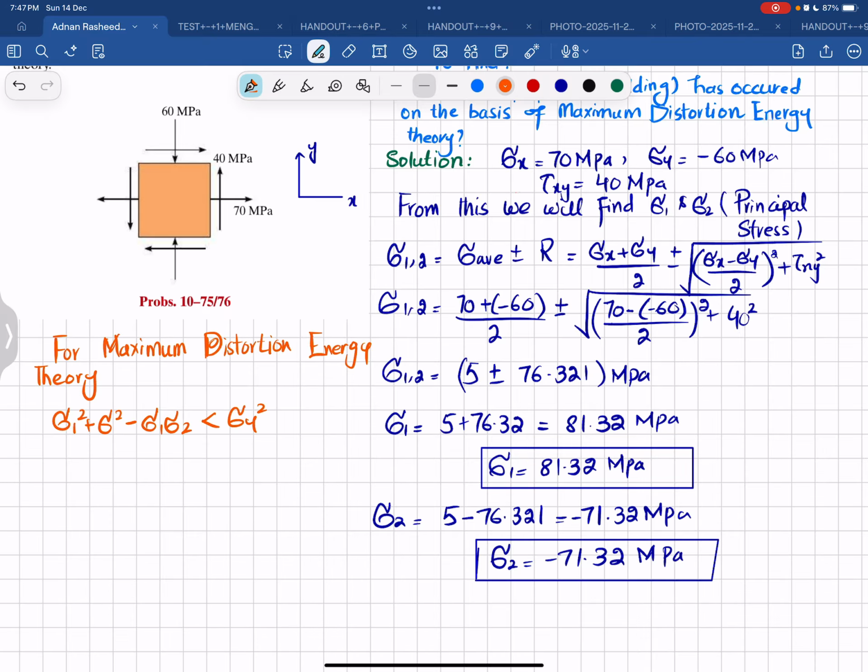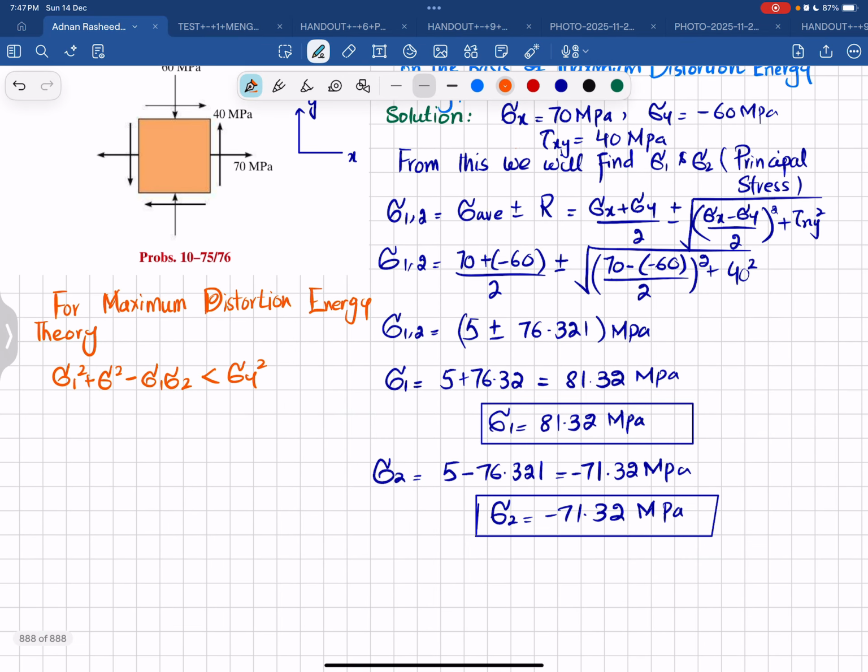Under this condition it will not yield. So we will put in the values. Sigma 1 is 81.32 whole square, plus sigma 2 which is minus 71.32 whole square, minus sigma 1, which is 81.32, and sigma 2, which is minus 71.32, and it should be less than sigma yield square.